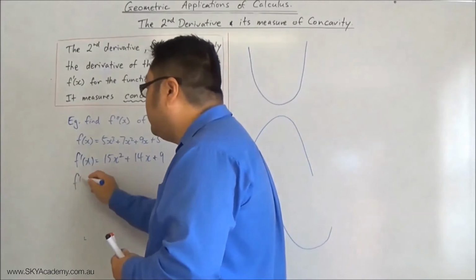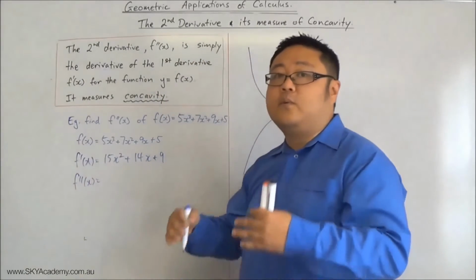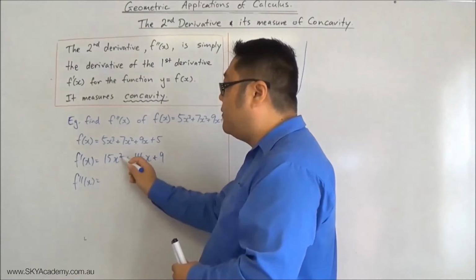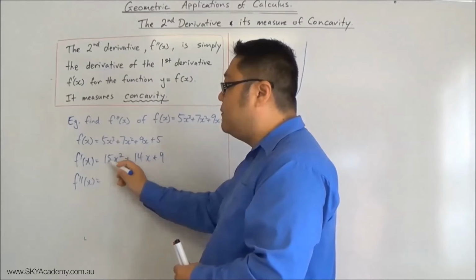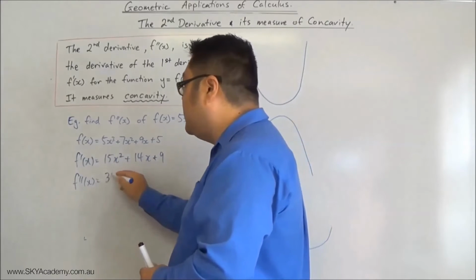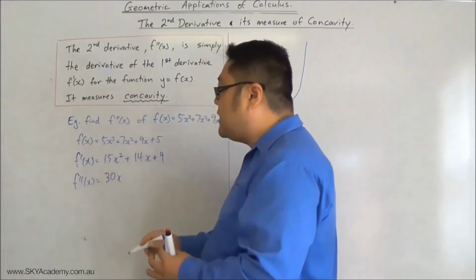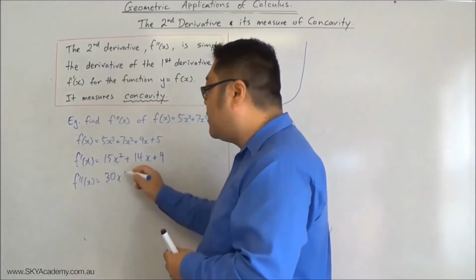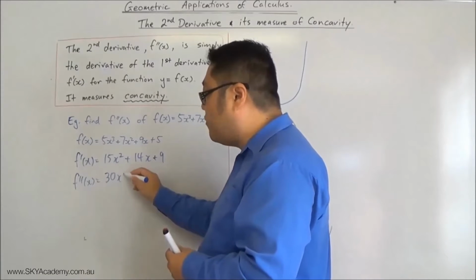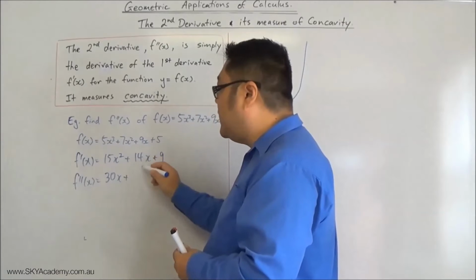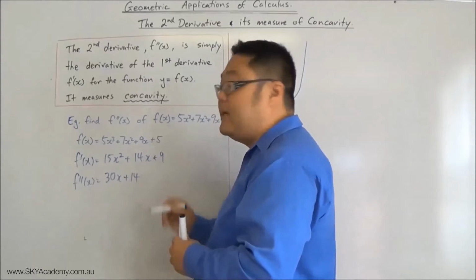Your second derivative is simply a matter of doing the same thing all over again for the first derivative. 15 times 2 is 30, and the power of x is 1 less than the 2 you already have, so it's 30x to the power of 1, which is just 30x, plus 14x becomes 14, and 9 disappears.